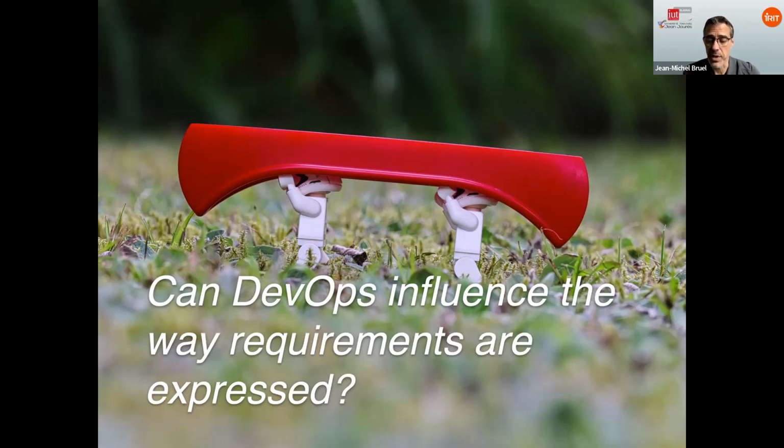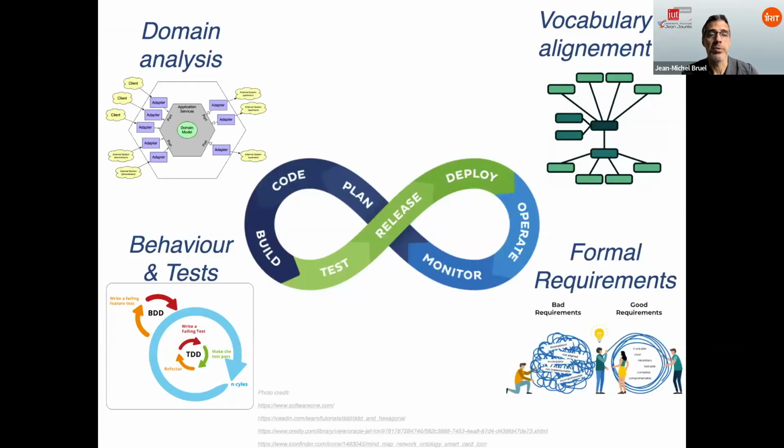Of course, you guessed that my personal answer, the one I would like to convince you of, is yes. When you have such a nice and iterative process such as DevOps to help you build your software, then you should take that into consideration and maybe write your requirements a little bit differently.